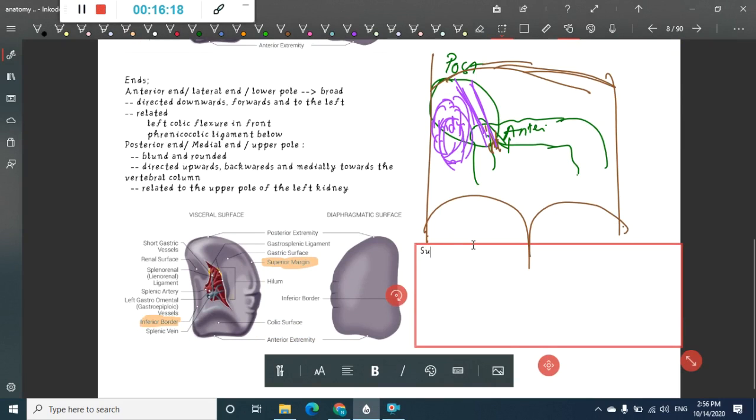So if you see, in this we have superior border of spleen, which will actually separate, sorry, the superior border separates the gastric impression on the visceral surface and the diaphragmatic surface, right?